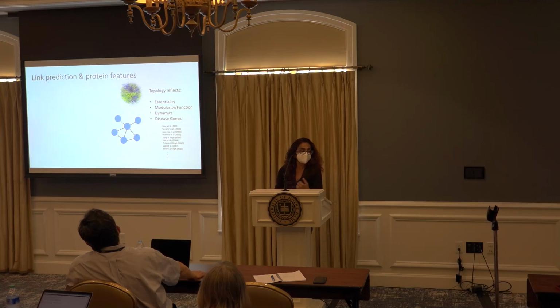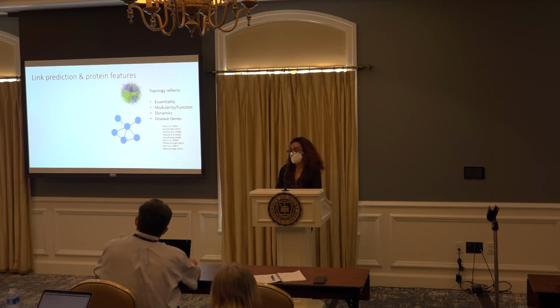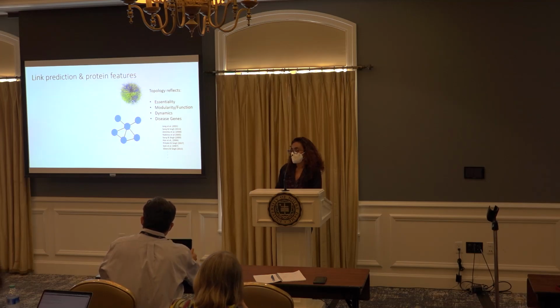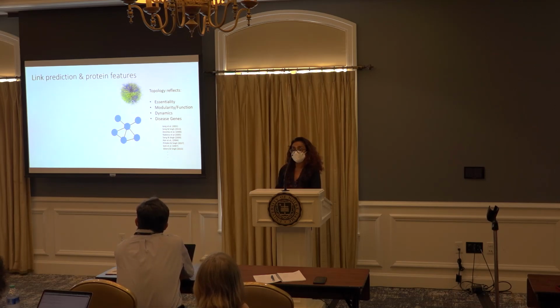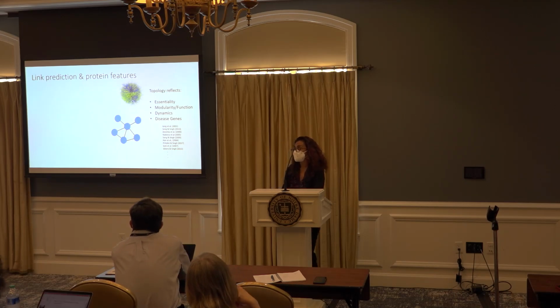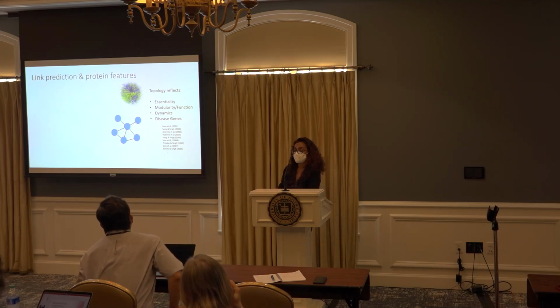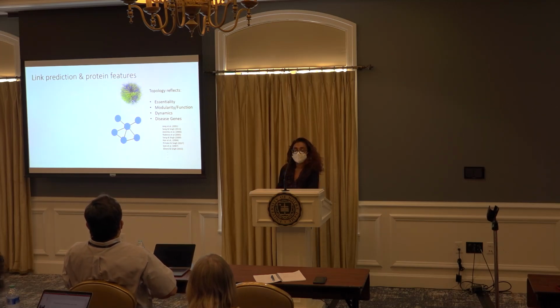And we've already heard about this earlier in the morning: if you look at these protein interaction networks, there's a structure to them. They have modularity, and these modules within these networks, which are defined topologically, correspond to coherent biological processes or complexes.